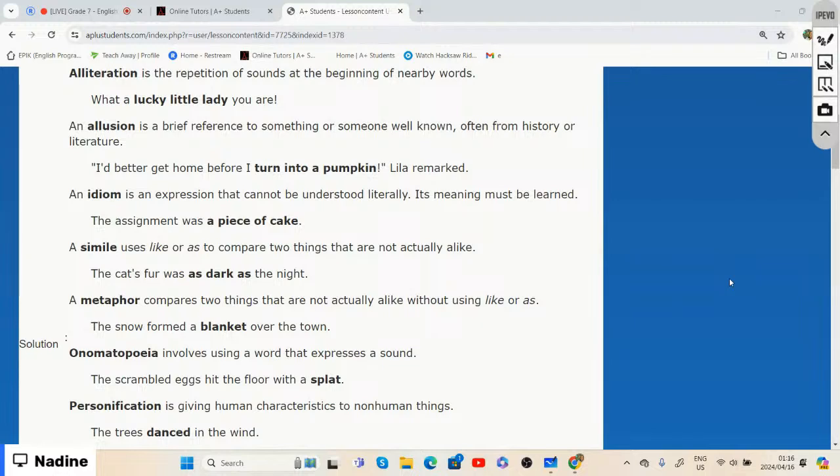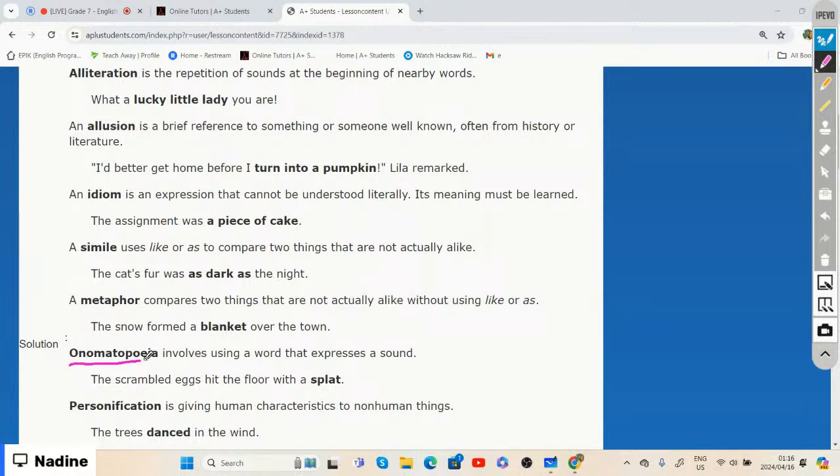All right, and then we have another word. Look at this word. We have the word onomatopoeia. Onomatopoeia involves using a word that expresses a sound. It says the scrambled eggs hit the floor with a splat, right?